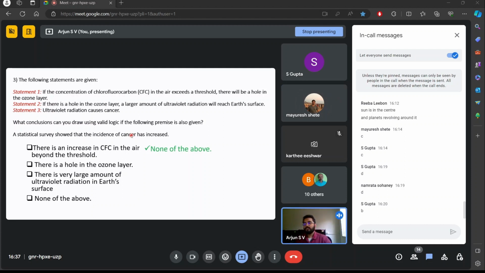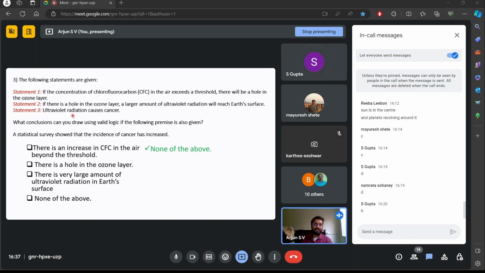Sure. I'll just read out all the statements first again. Statement one: if the concentration of CFCs in the air exceeds the threshold, there will be a hole in the ozone layer. Statement two is saying if there is a hole in the ozone layer, a large amount of UV radiation will reach Earth's surface. And statement 3 says that UV radiation causes cancer.